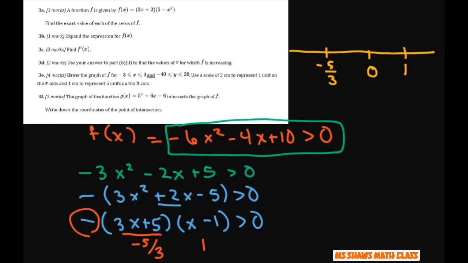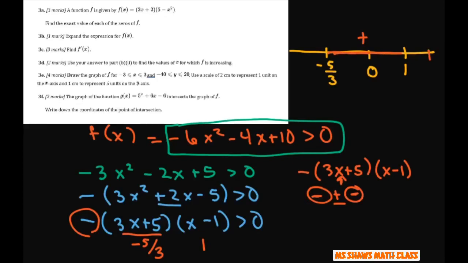Let's plug in 0 into -(3x plus 5)(x minus 1). When I plug a 0 in here, I'm going to get a negative, and this is going to be a positive, this is going to be a negative. So two negatives make a positive, and with a positive, that's going to be positive. So in between here, it's positive.